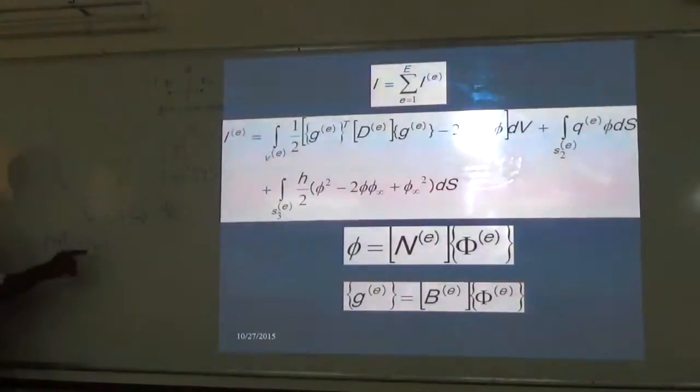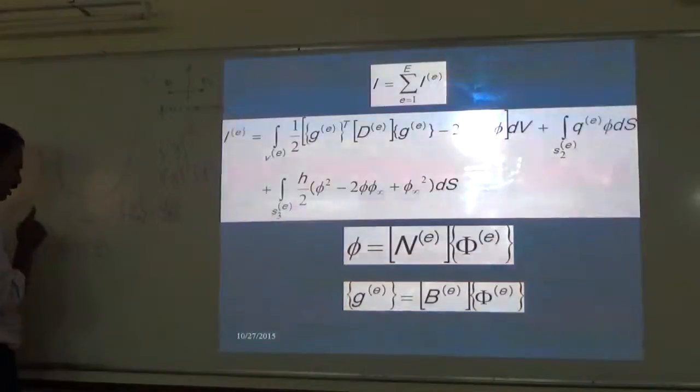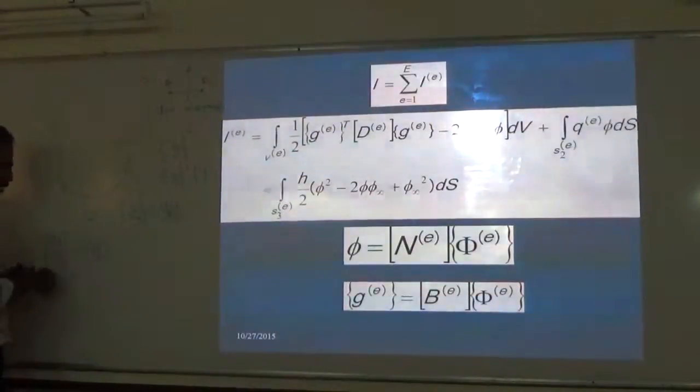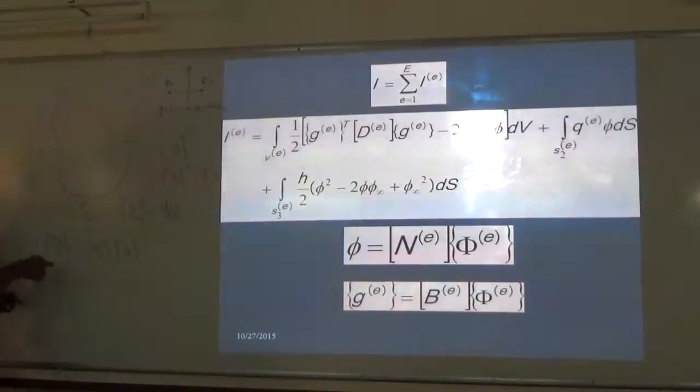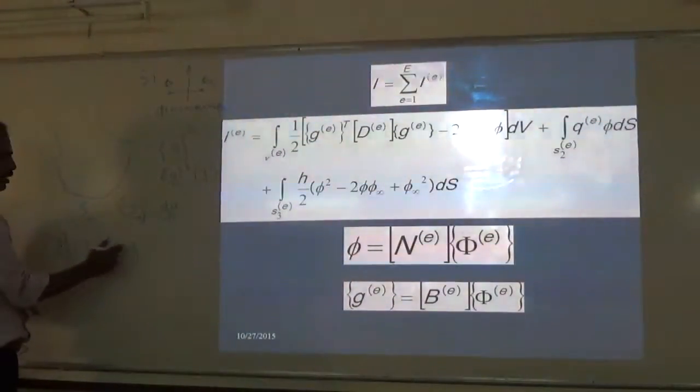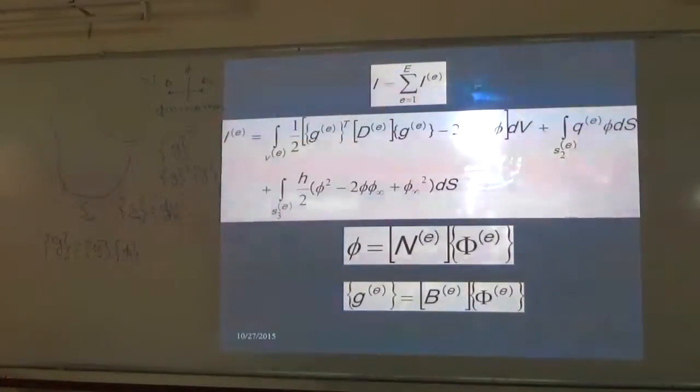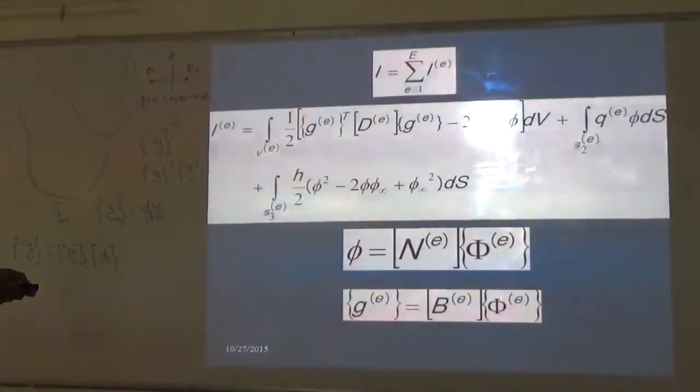In this case, it is the one which relates the thermal gradient with the temperature vector. So G is written in terms of B, multiplied by this nodal vector.